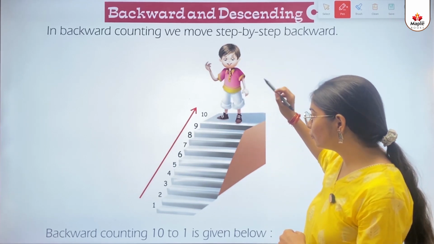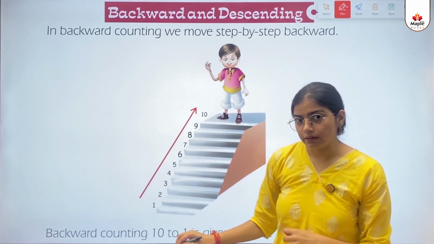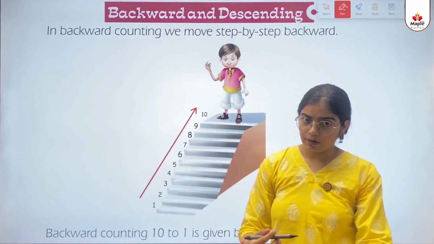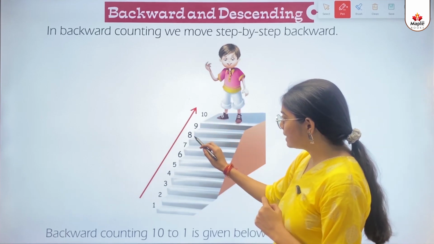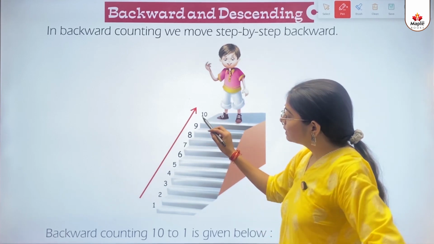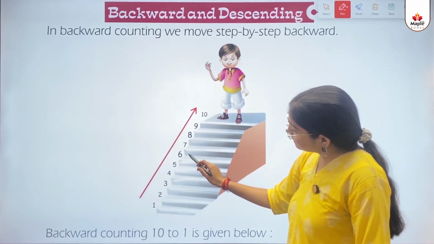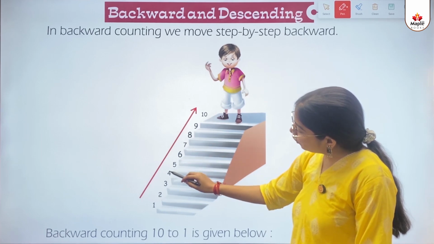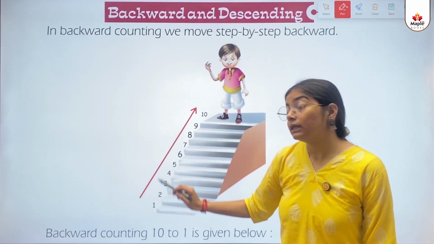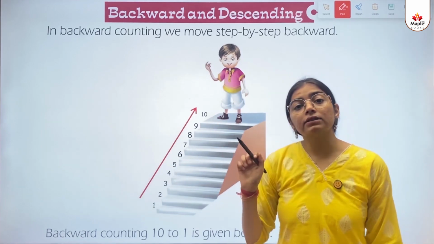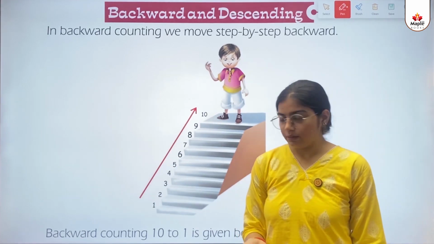So we will count from 10 to 1. That is called backward counting. Now kids, count with me. 10, 9, 8, 7, 6, 5, 4, 3, 2, 1. What is this called? This is called backward counting.